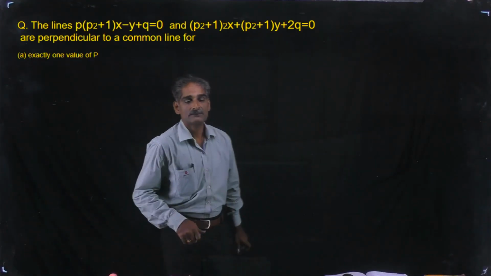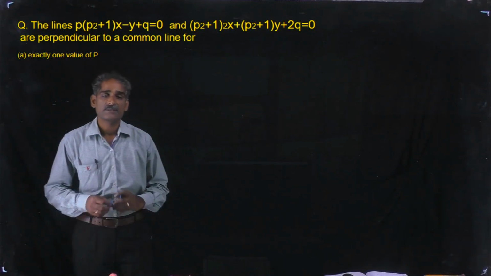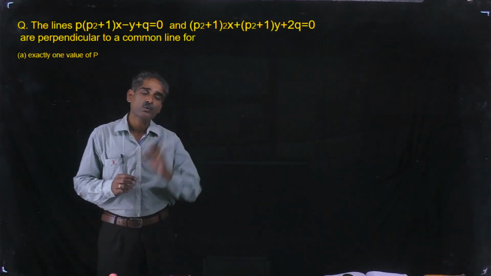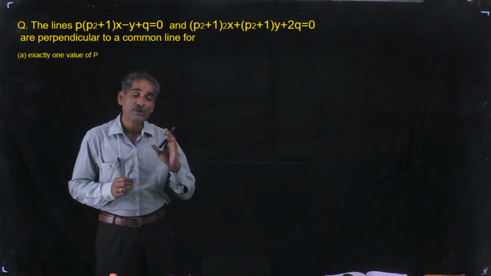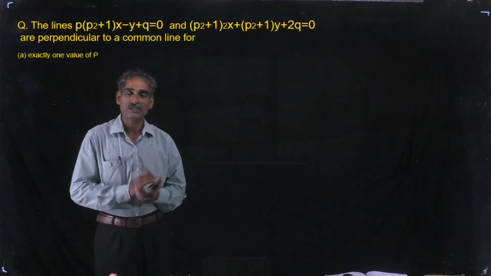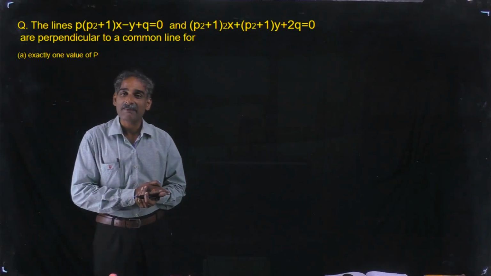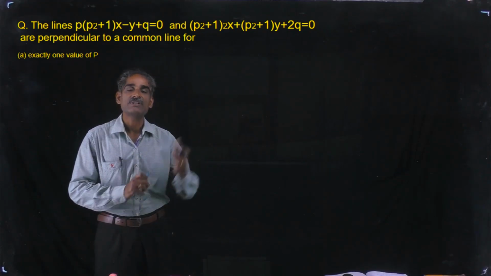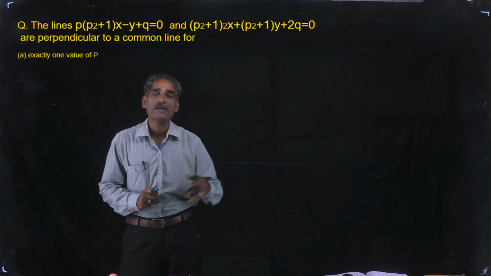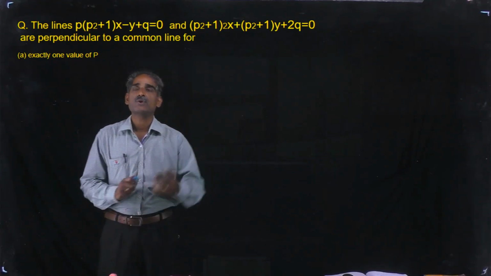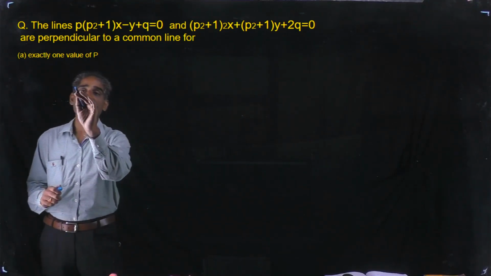See this problem. There are two lines which are perpendicular to a common line. That means these two lines are parallel. In this case we have to find the number of values of P. What are the given equations first of all?